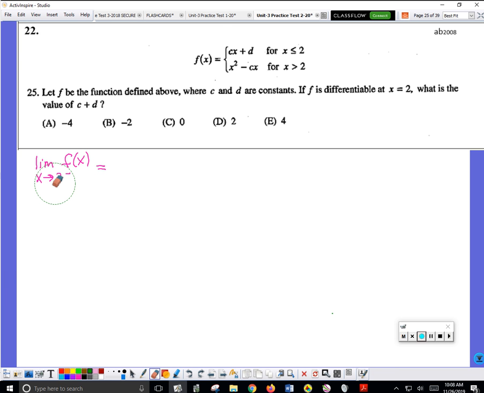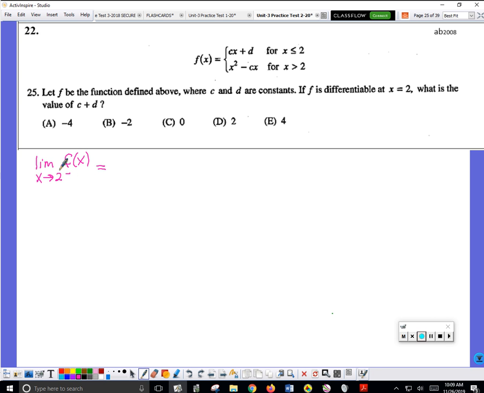And Abby, what is it? Cx plus d, or you could plug in 2 for x, because 2 is the left. So c plus d. Well said, Abby, well said. And here's the part that's sometimes a little weird.